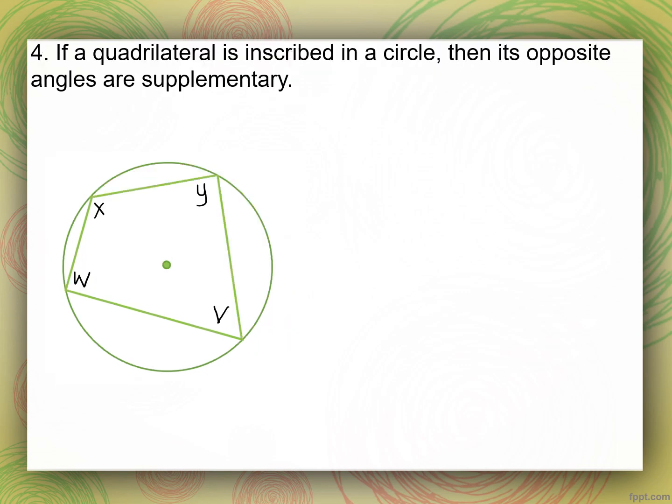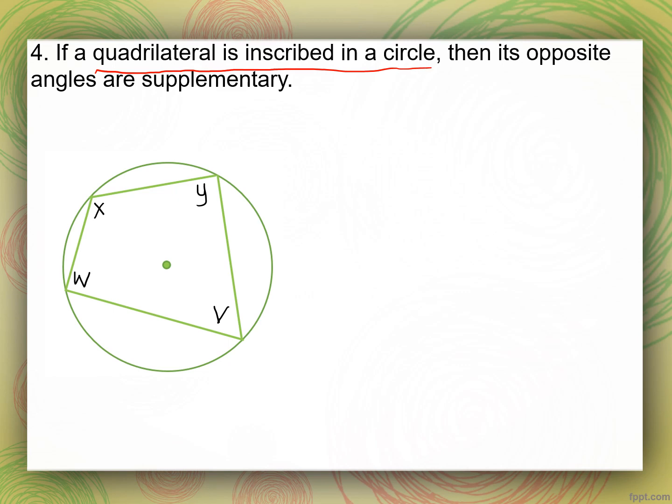Let's have the fourth one. If a quadrilateral is inscribed in a circle, then its opposite angles are supplementary. A quadrilateral inscribed in a circle, we also call it a cyclic quadrilateral. So let's take note of that.